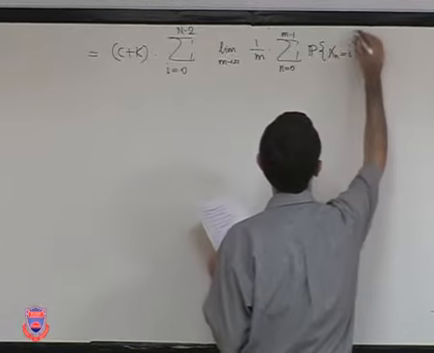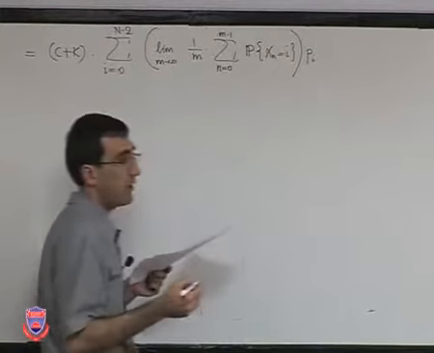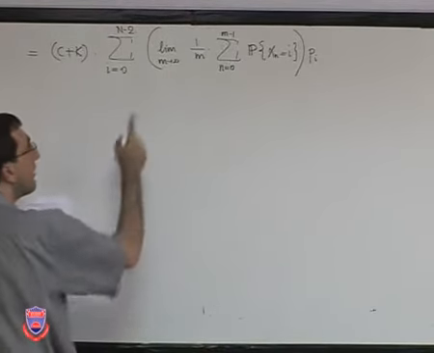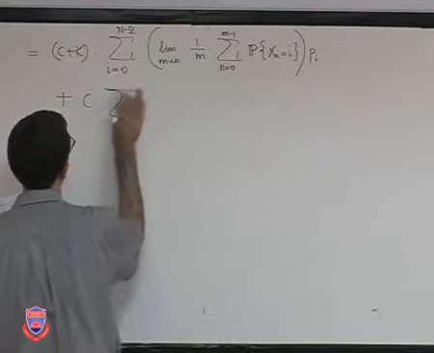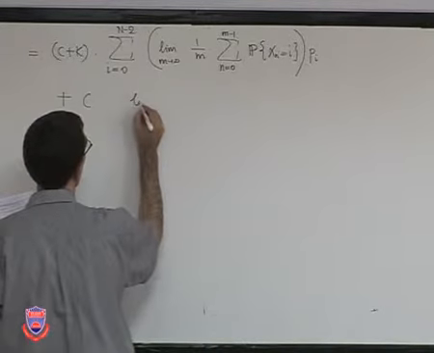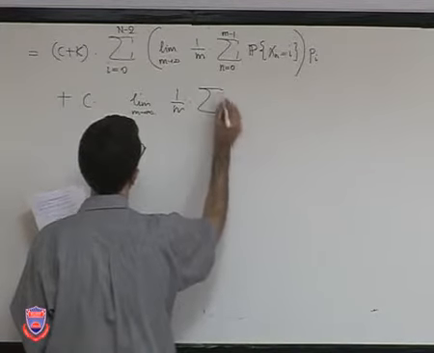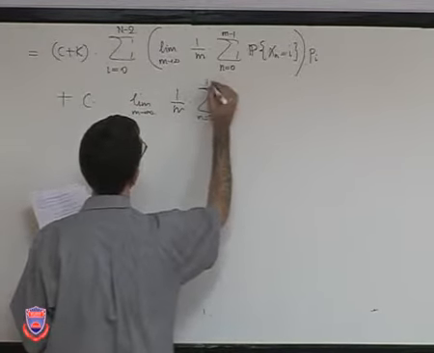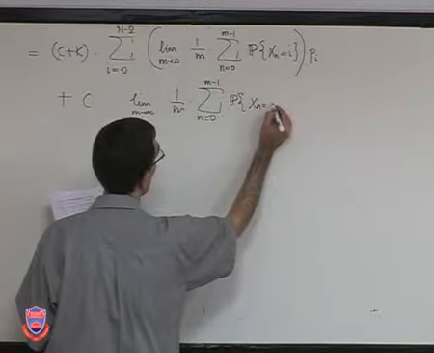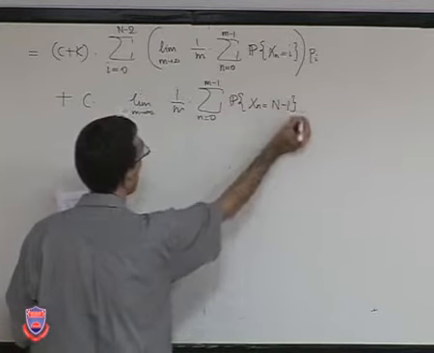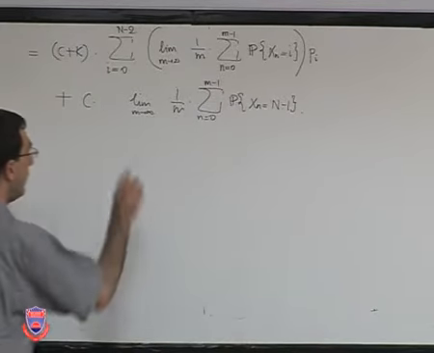And the number p_i doesn't depend on m, so we can just write it outside, look at this limit first and then multiply the result with p_i later. In the second term, we don't have a sum. It is C times just the limit as m goes to infinity of 1 over m times the sum as n goes from 0 to m minus 1 of the probability that X_n equals now a fixed state, n minus 1. And there is p_{n-1}, we just realized that it is 1, so it's taken care of.